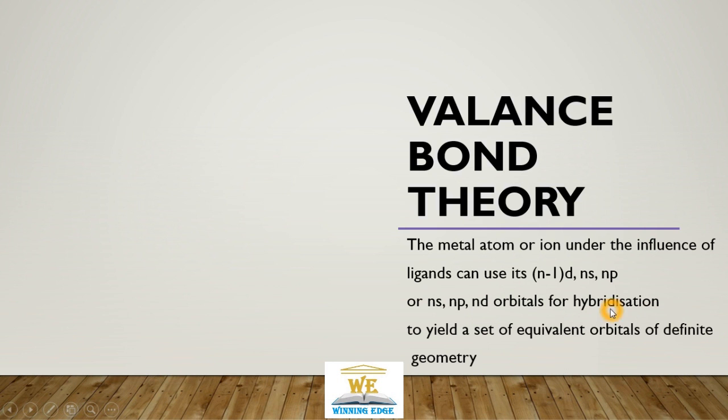After the hybridization, we will have an equivalent set of orbitals which are arranged in a definite geometry. This way, valence bond theory tries to explain the directional characteristics of coordination complexes.